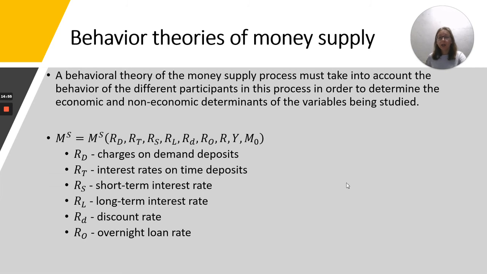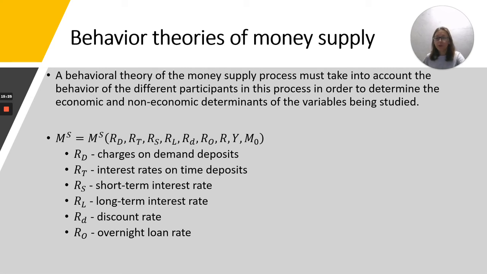Looking at the behavioral theories of money supply, we usually take into account the behavior of different participants in this process in order to determine the economic and non-economic determinants of a variable being used. So they do not only look at what factors we have, but also at what are the factors of those factors, or what are the determinants of those factors as well.